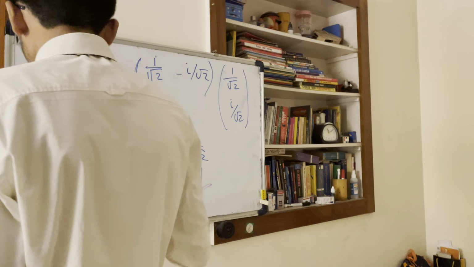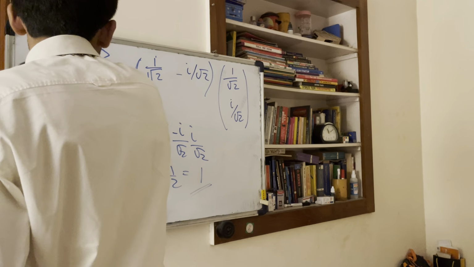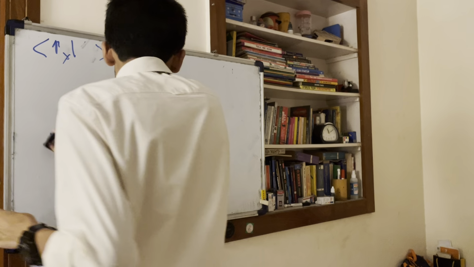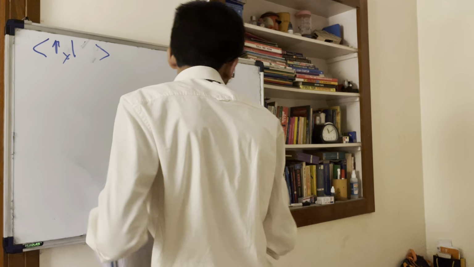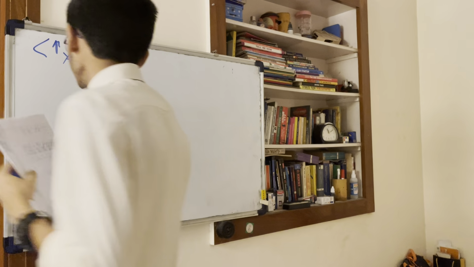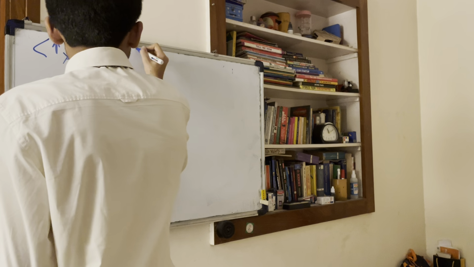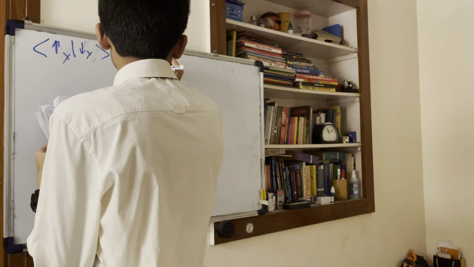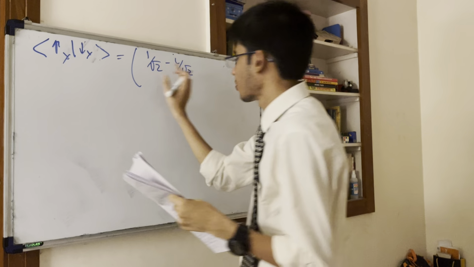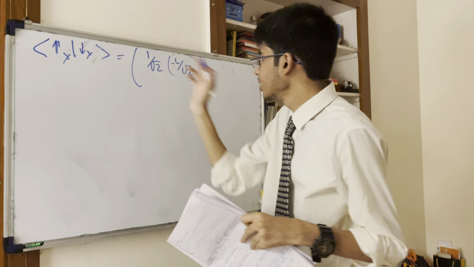So if we take spin up y and spin down y, there is a way to guess. We have to recall our properties of vectors, but you can work it out. So if we do up and down, it will be 1 by root 2, written as a vector.